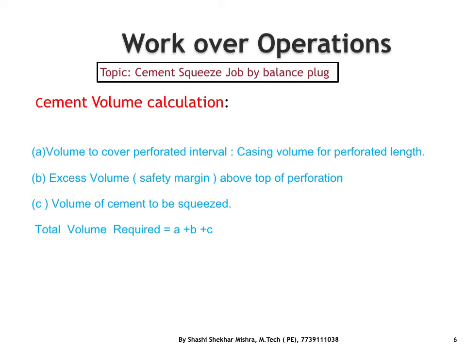The cement slurry is prepared in the batch mixer of the cementing unit. First we have to calculate the volume of the perforated interval to be covered. That is calculated based on the length of the pay zone that needs to be covered and the casing volume for that particular casing size.